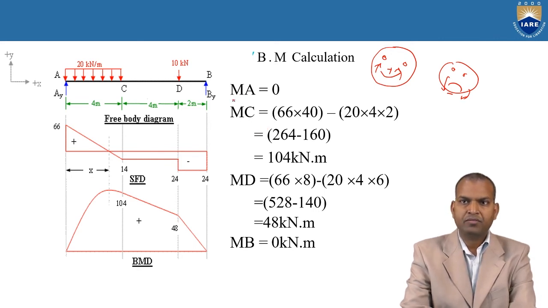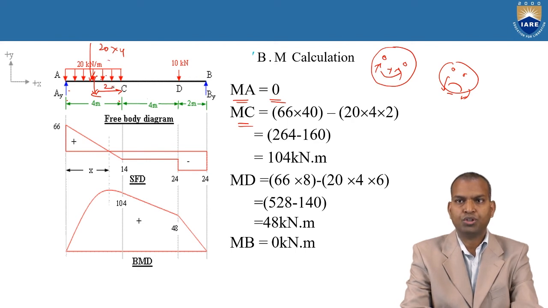At point A, the bending moment is 0. At point C, up to point C, the point load reaction and UDL are acting. So AY into 4 minus 20 into 4, the concentrated load, with the centroid distance from the concentrated load to point C being 2 meters, 20 into 4 into 2.